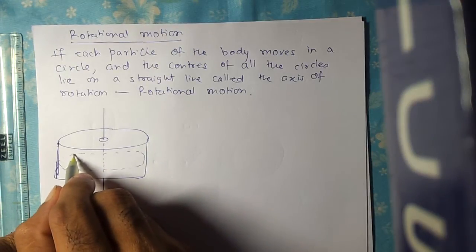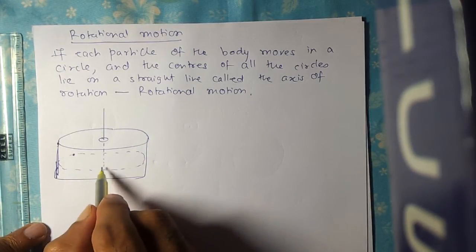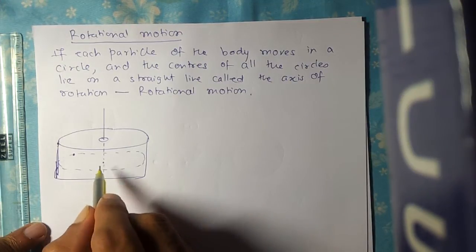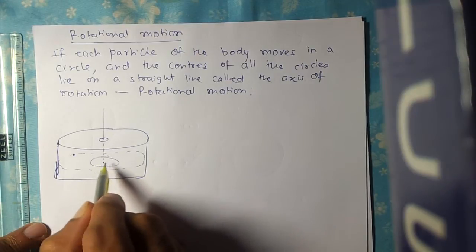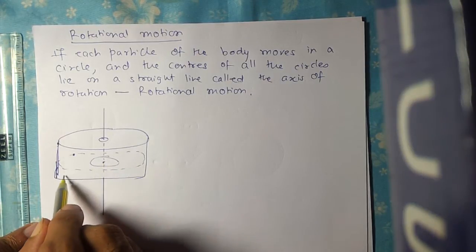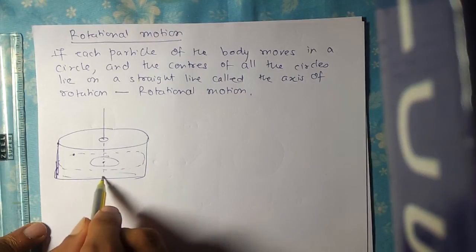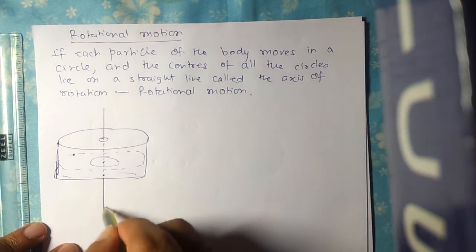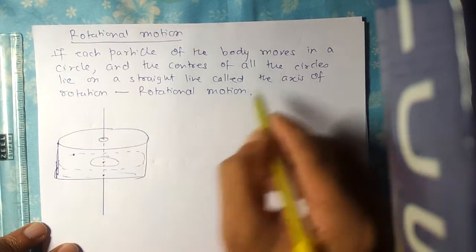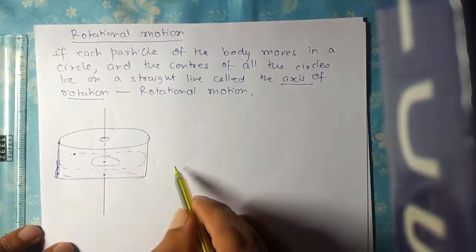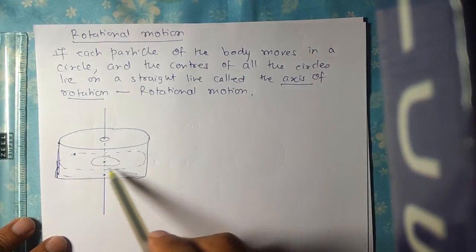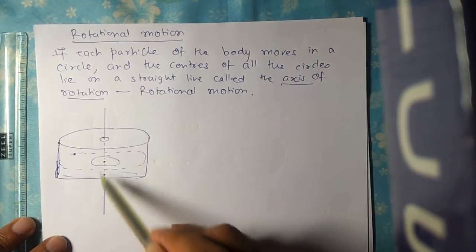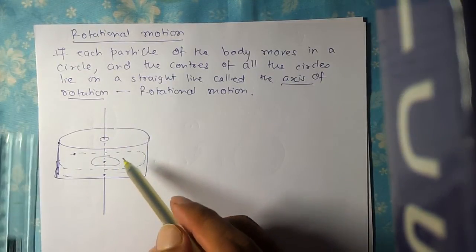If I take any point on this circle, the center of this circle will lie on this axis of rotation. If I take a smaller circle, again the center will lie on this line. If I take a circle at a lower level, then the center will lie over here. So the centers of all the circles are lying on this particular perpendicular line, which is known as the axis of rotation. So if each particle is moving along a circle and the center of the circle lies on one line, then we call it rotational motion.